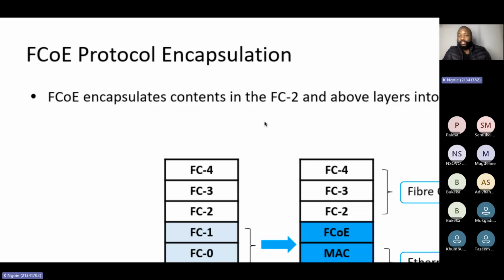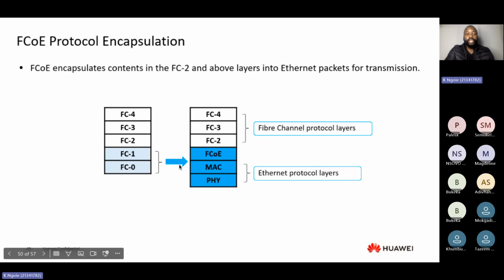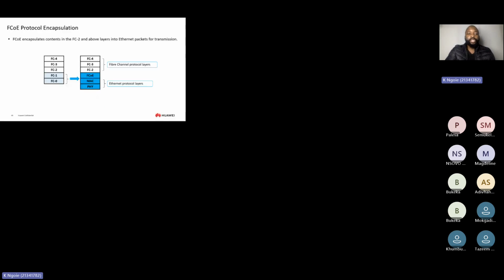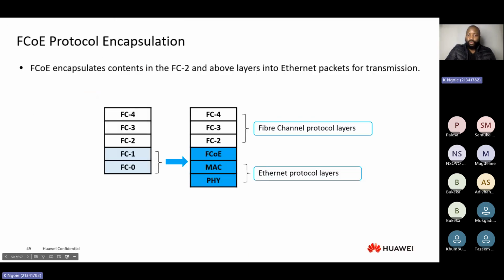The purpose of the FC0 is to specify how bits are transmitted over the fiber optic cables.